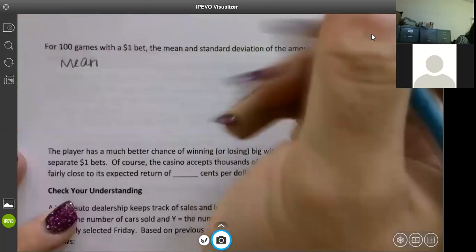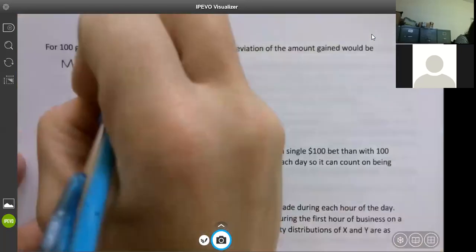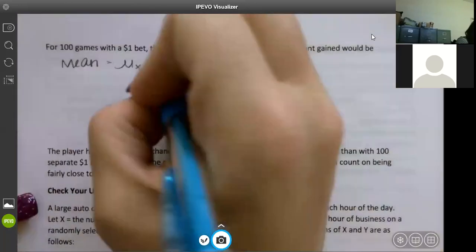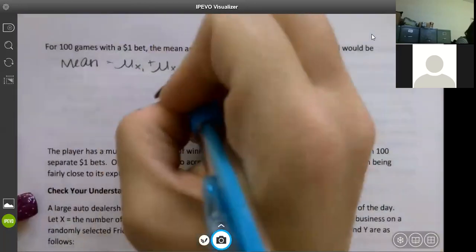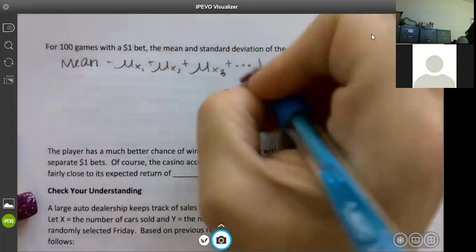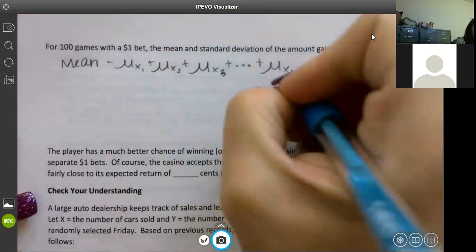So to find the mean, you would have to do the mean of x1 plus the mean of x2 plus the mean of x3, all the way up to 100.